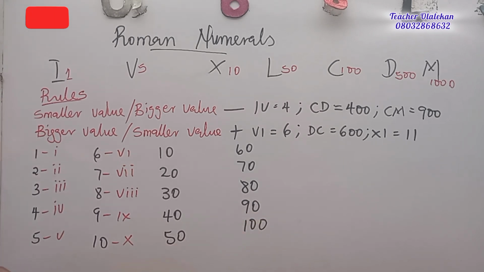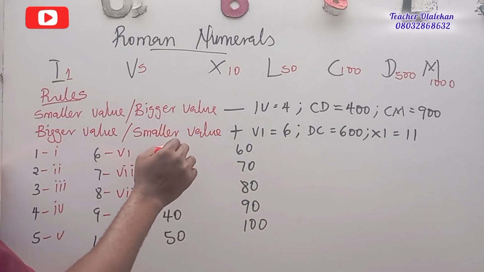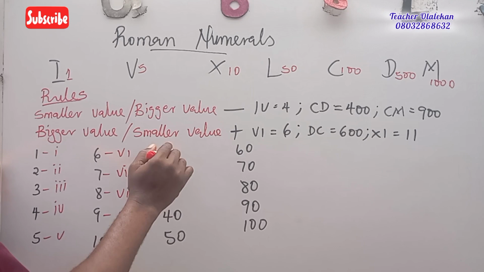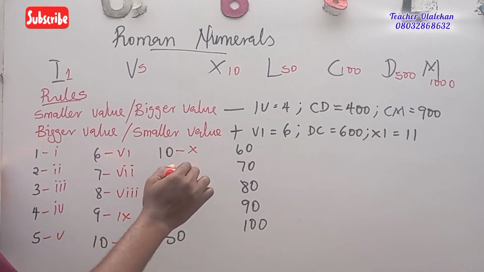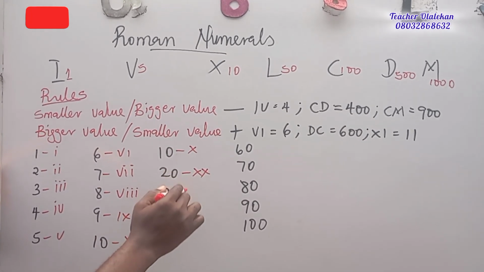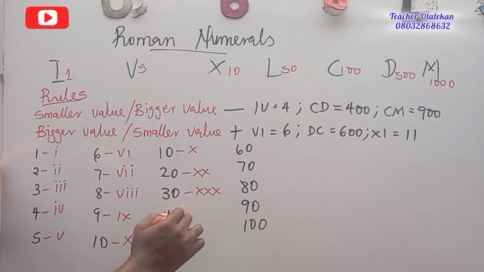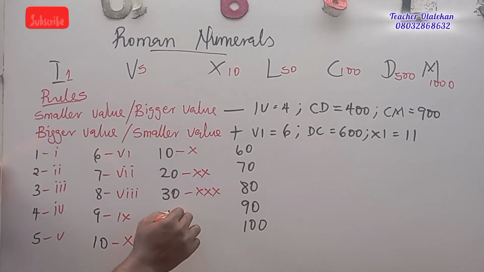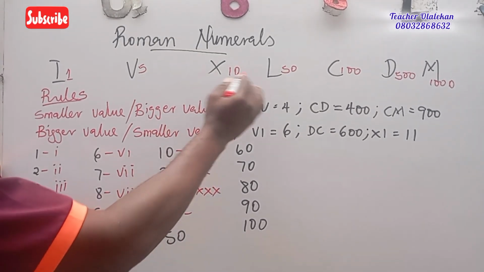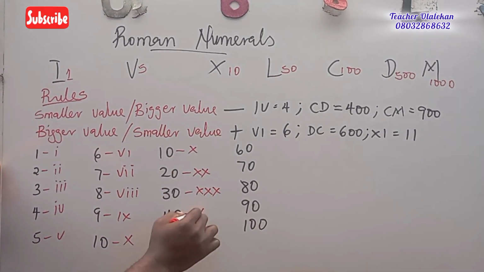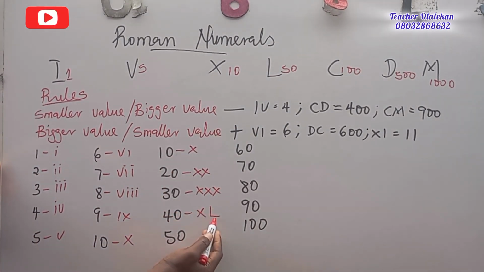For 10, already we know it to be X. For 20, that's 10 plus 10. For 30, that's 10 plus 10 plus 10, making 30. For 40, we take away 10 from 50, and that becomes XL. That gives us 40. And 50 is L.